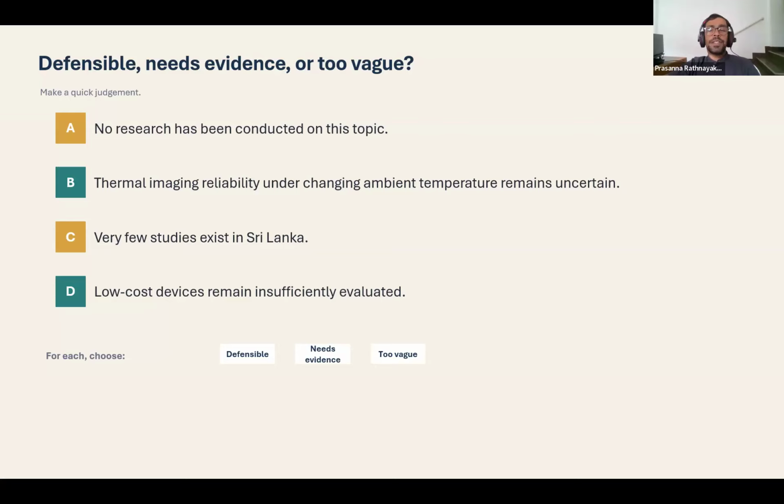We are considering statement B. Is it a defensible statement? Or does this statement need evidence? Or is it too vague? Just make your decision and respond to me in chat.